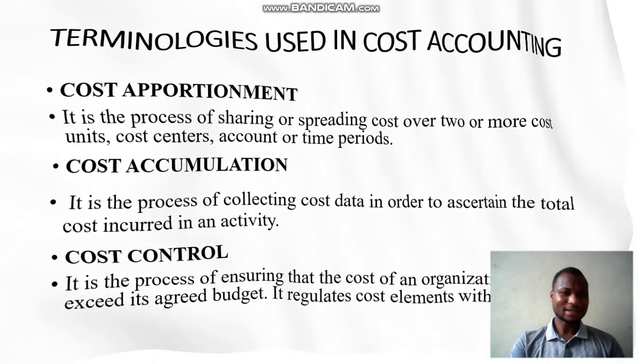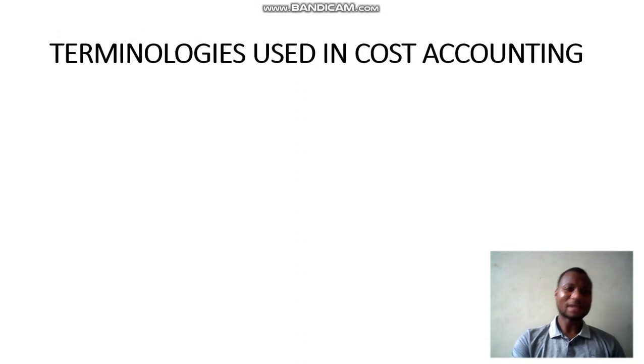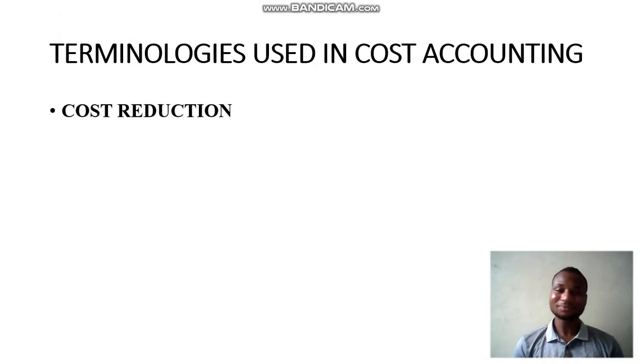Alright? Let's take a look at the next one. The next one is what we call cost reduction. So what is the difference between cost control and cost reduction? The difference is slight, but there are some differences. With cost reduction, to reduce means to bring something down, to cut it.